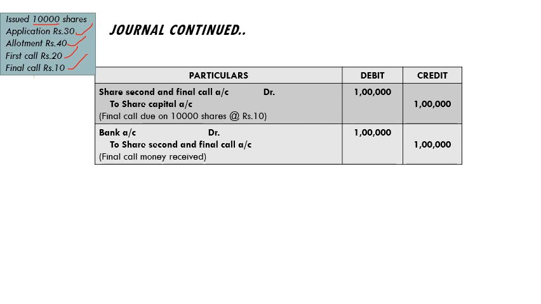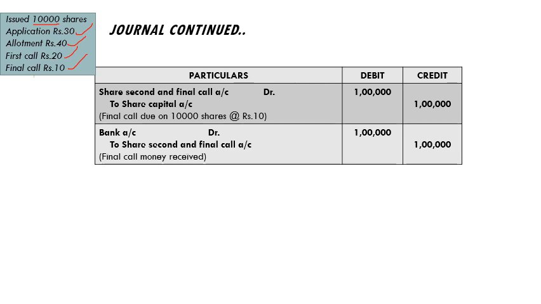Next we make the allotment due, allotment account to share capital. Then we receive the allotment money, bank account to allotment. The next step is to make the first call due, first call account to share capital. On receipt of first call, bank account to first call. The next final call is to be made due, share final call account to share capital. On the receipt, bank account to share final call. Now we have completed these journal entries.